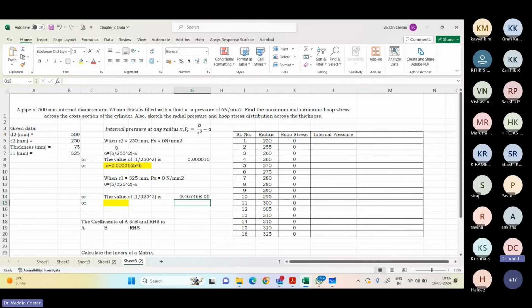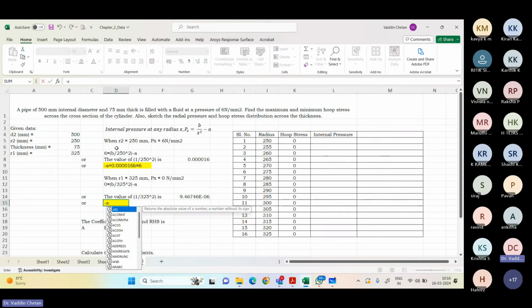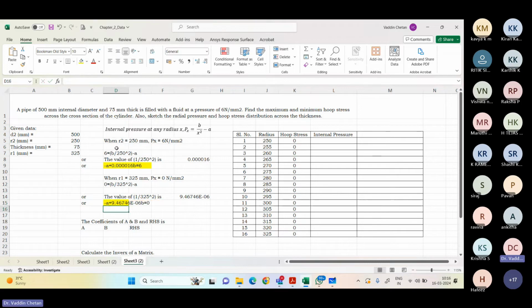I got this value. So my resultant equation is minus A plus 9.46746 e power minus 6 B, equal to 0.